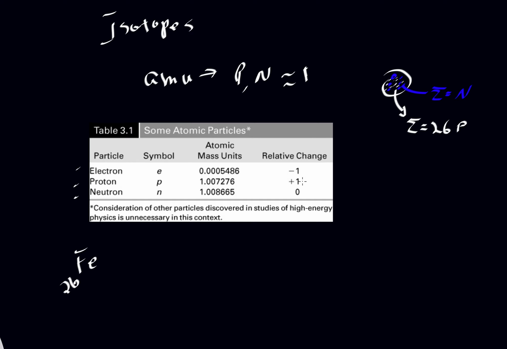Well, for the case of iron, one of the most common isotopes has 30 neutrons. And so if we have 30 neutrons in the nucleus, then we would have a total atomic mass of 56. So 30 neutrons plus 26 protons would give us 56.